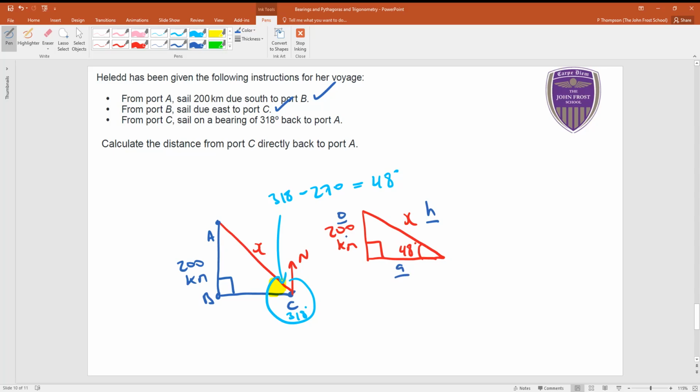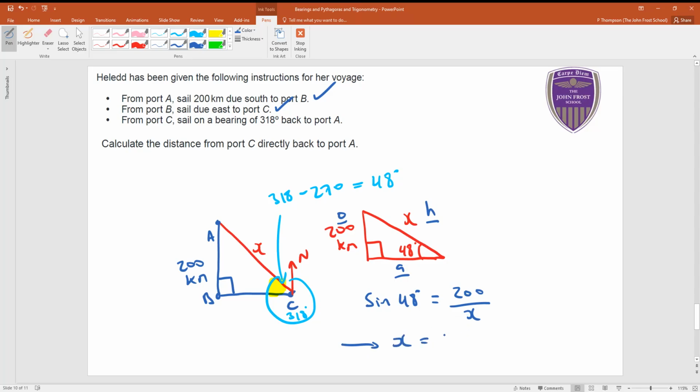And using SOHCAHTOA, this will be sine because you've got O and you want to find H. So I got O and H effectively. So I reckon sine 48 degrees. Remember, sine is opposite over hypotenuse. When the unknown's on the bottom of the fraction, you divide.